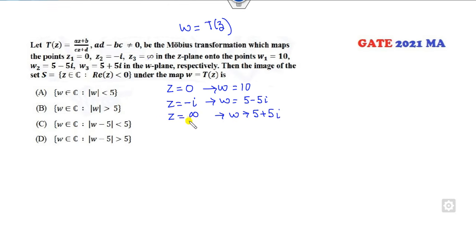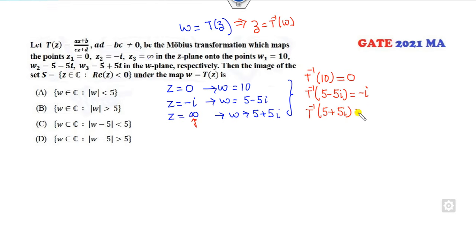Then how can you find the transformation? Because the infinity is given here, I can choose a transformation of this form. I can first modify this. How can I modify this? I can write this as the inverse of w, because the value of infinity is given as z, so I can write it in terms of z. The inverse of 5 minus 5 iota is minus iota, and the inverse of 5 plus 5 iota is infinity.